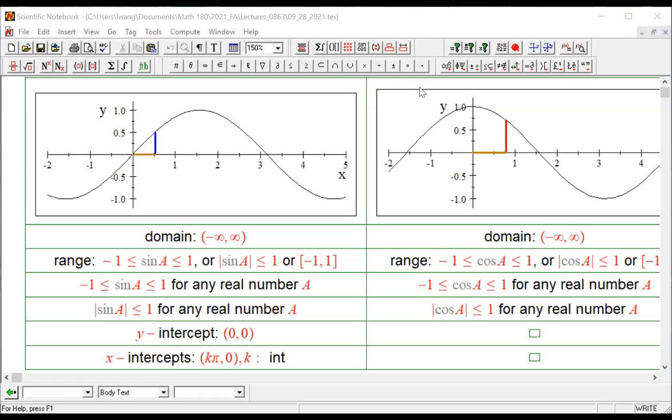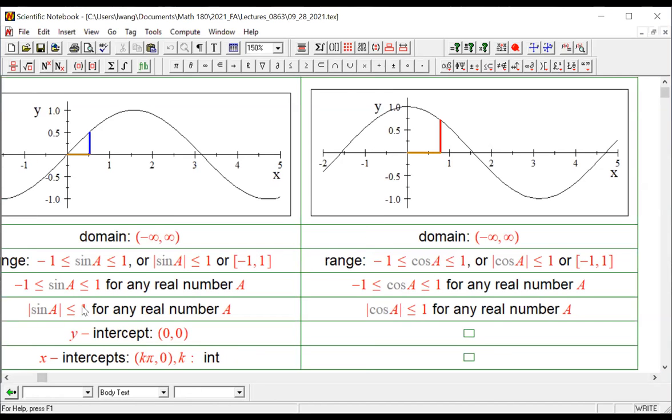All right. So now let's look at cosine. What are the x-intercepts and y-intercept for cosine? Let's start with the y-intercept. What is the y-intercept for cosine?